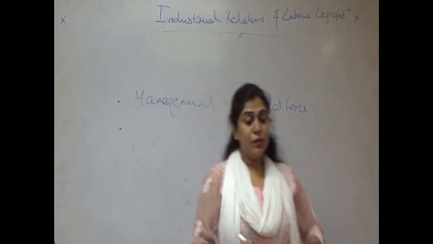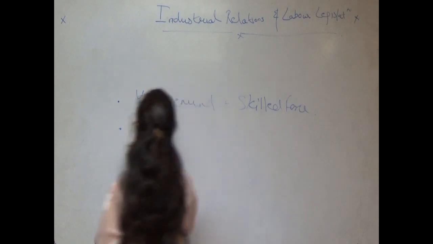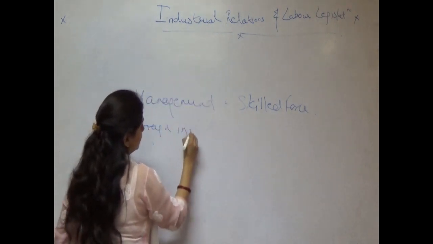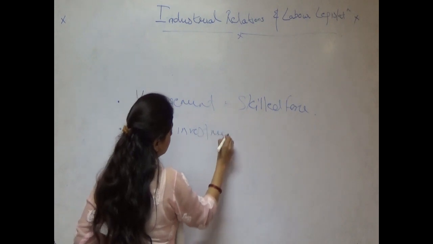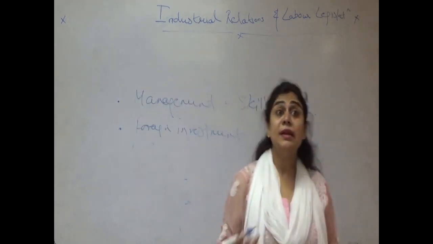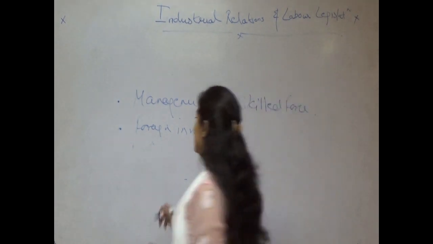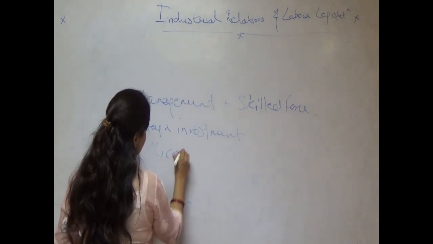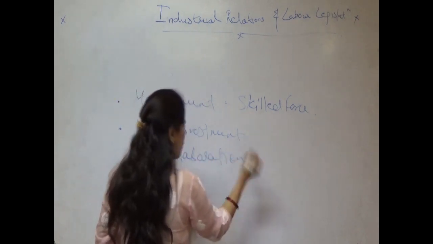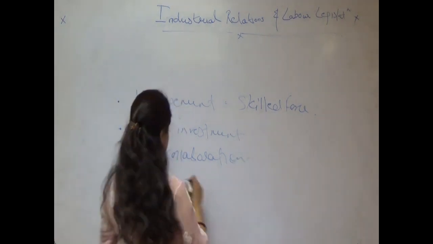Secondly, there was a rise of foreign investment in India in industry. How come? There were two kinds of investment. First, it was through collaboration, or secondly, by subsidiary companies of these companies.